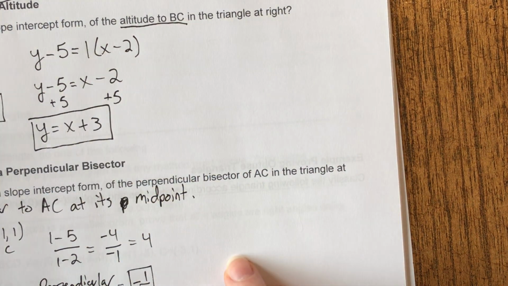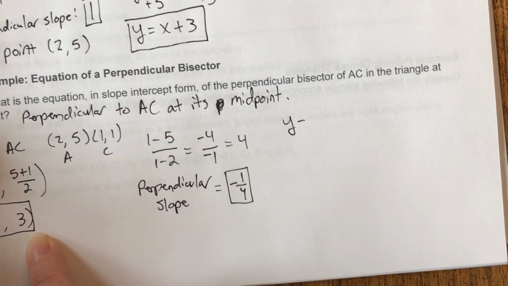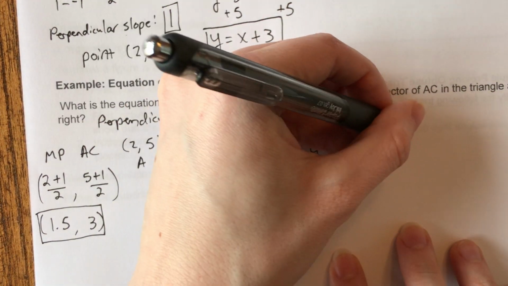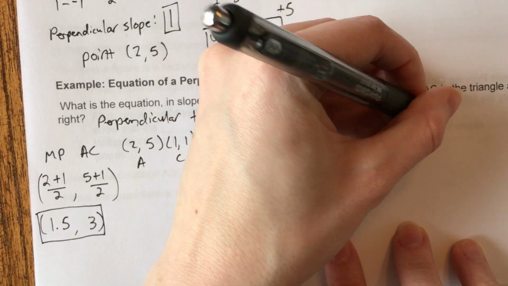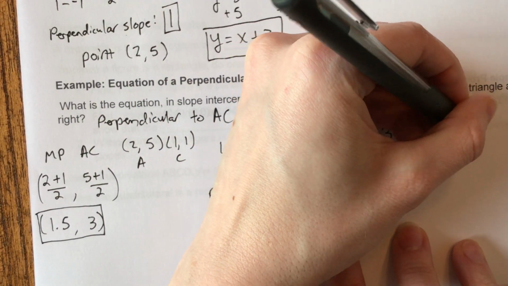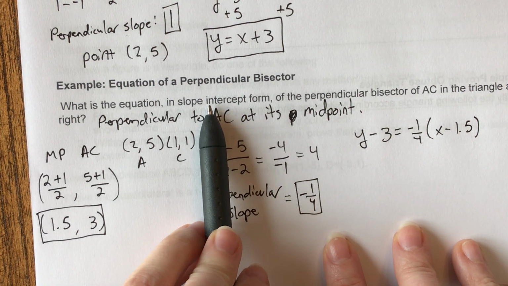So we'll use point-slope form. So we'll say y minus the y coordinate. There we go. y minus the y coordinate of 3 equals our slope of negative 1/4, parentheses x minus the x coordinate of 1.5. We want to change this into slope-intercept form here.